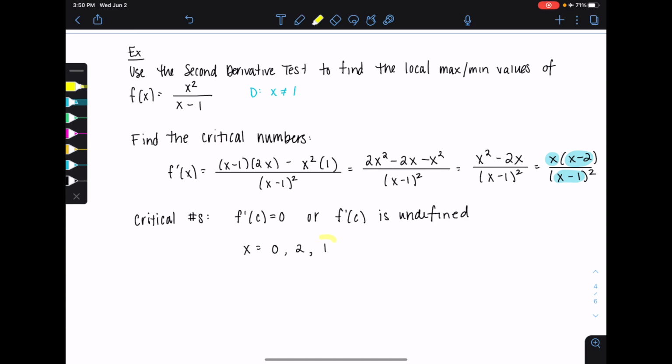So although this one makes it so that the derivative is undefined, there's not even a point corresponding to that. So there's no way this can be a local max or min. That's a vertical asymptote for this function. So although the derivative is undefined here, this isn't even in the domain.